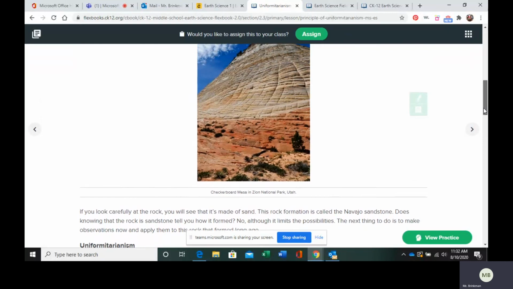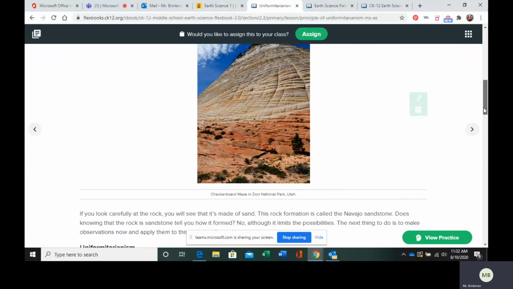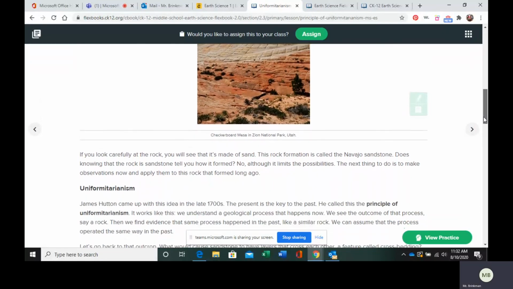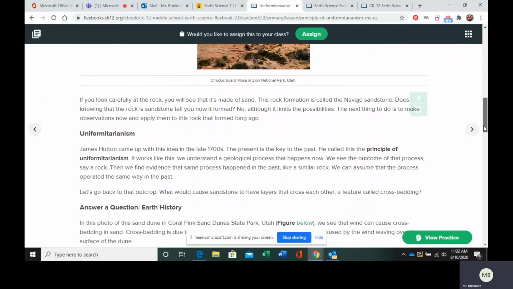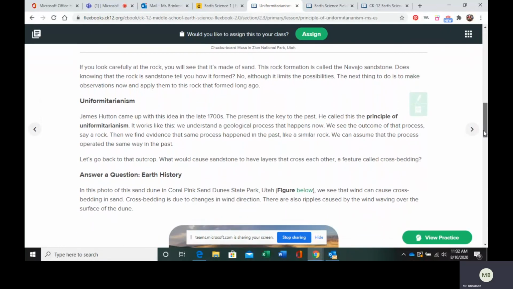So if we look at the rock, we see that it is made of sand, or a rock called Navajo Sandstone. So if we know that it's made out of sandstone, we can't for sure say that this is the way it formed, but we can make educated guesses as to how it formed based on other observations.